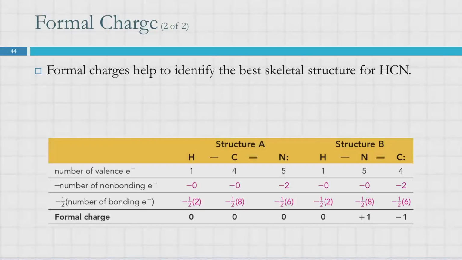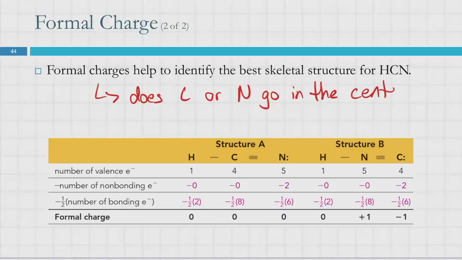So for HCN, we can come up with a structure with carbon in the middle. We can come up with a structure with nitrogen in the middle. That's the real dilemma that we're working with.